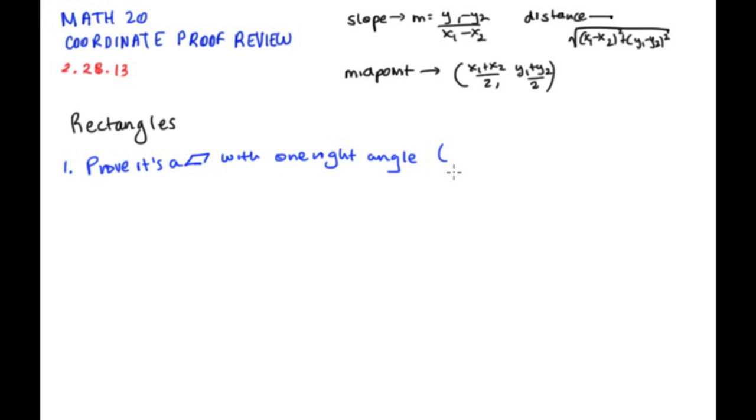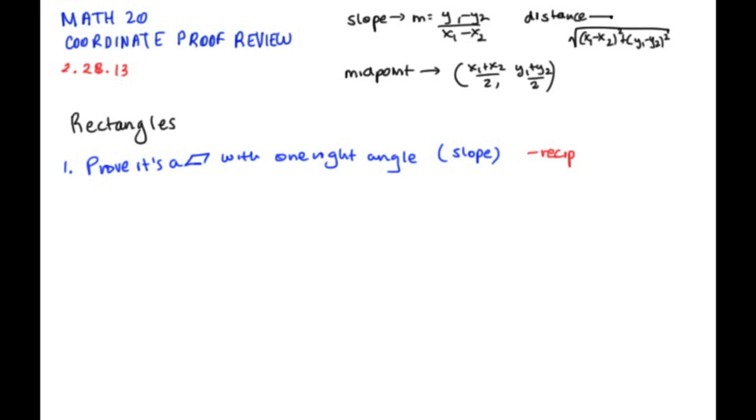To do this, you require finding the slope of two consecutive sides and finding that they're negative reciprocals. So, negative recip. That's my shorthand for writing negative reciprocals, by the way. Sometimes I don't even write recip, I just write negative RE.